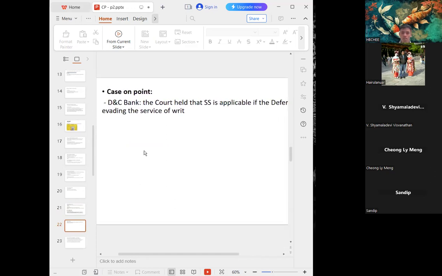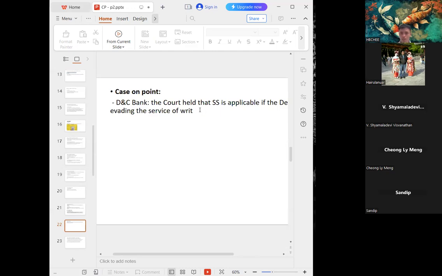Now you see the case D&C Bank, the court held that SS is applicable if the defendant is evading the service of writ. Somehow, some naughty defendants, they're very, very naughty. They're already at their house. You go to their house, right?